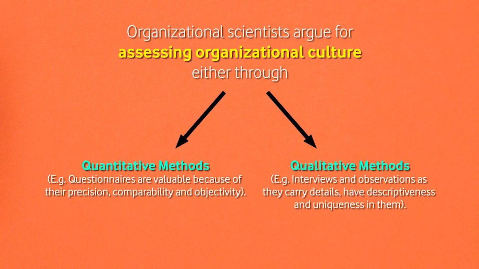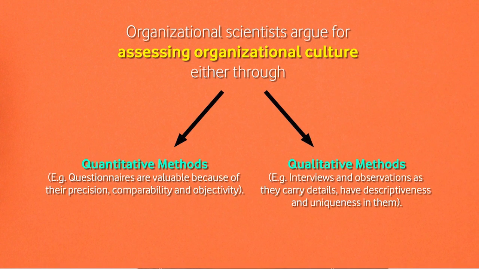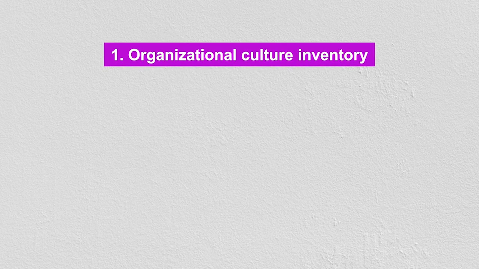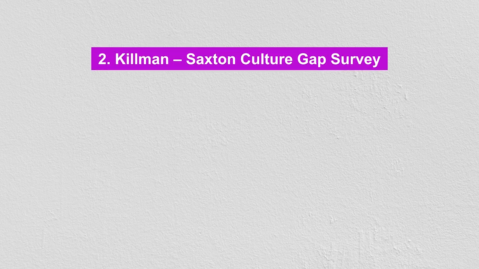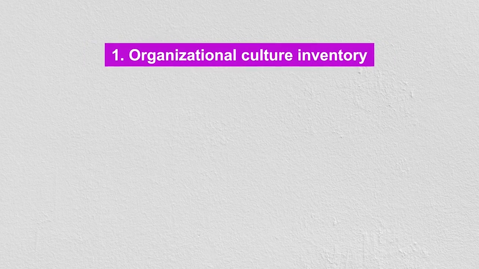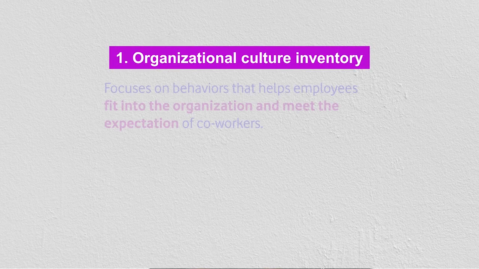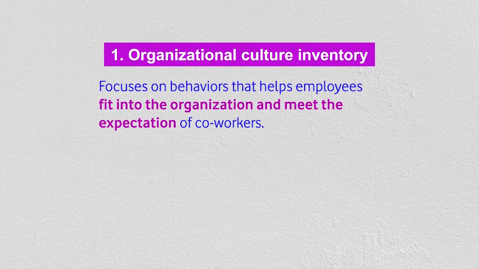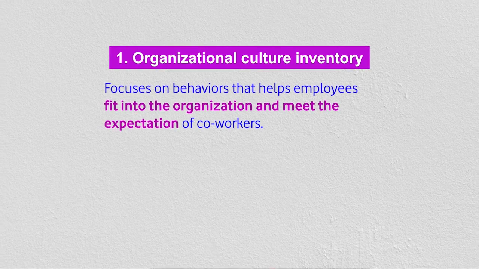Some of the widely used assessment tools are, one, the Organizational Culture Inventory. There are other tools like the Kilmann-Saxton culture gap survey, but the Organizational Culture Inventory, in short called the OCI, focuses on behavior that helps an employee fit into an organization and meet the expectations of co-workers.